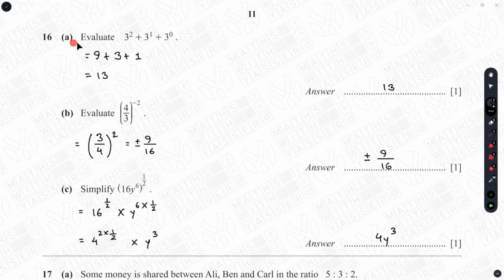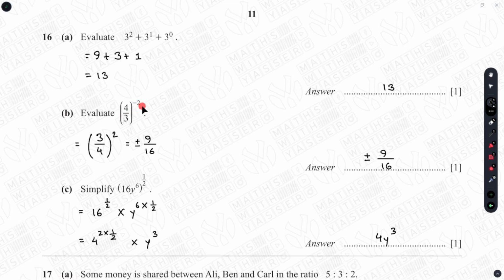Question number 16. Evaluate 3 squared plus 3 to the power 1 and 3 to the power 0. 3 squared is 9, 3 to the power 1 is 3, and 3 to the power 0 is 1. So therefore it will be 9 plus 3, 12, 12 plus 1, 13. Then it says evaluate 4 over 3 whole within brackets to the power -2.